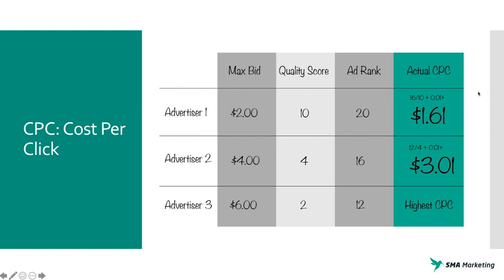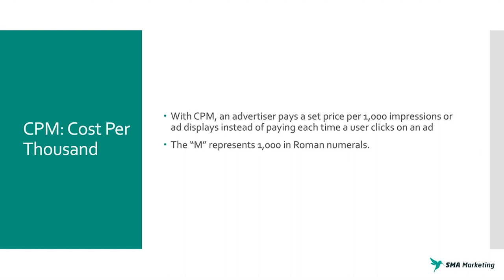So you can see that this guy right here is allowed to bid on the same terms, to fight for the same spots in organic search, but actually pay significantly less because he's optimized his campaign. This is going to deliver a much higher return on investment because your dollar is going to go further. So understanding how cost per click actually works and how you can leverage that in your marketing campaigns can help make your money go further and help drive higher results.